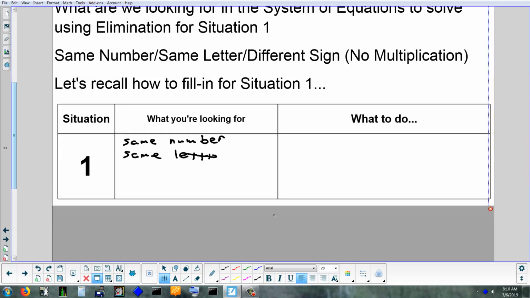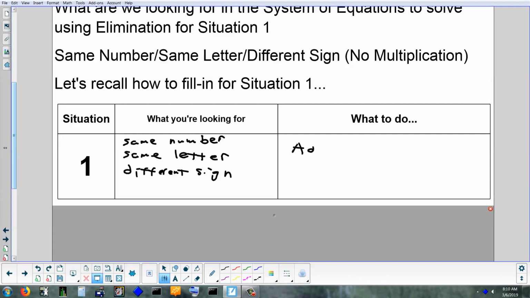Same letter. Different sign. Okay. Now, what does it say under the what to do for case 1? Yusuf? Add the remaining values. Yes. Add remaining values vertically.